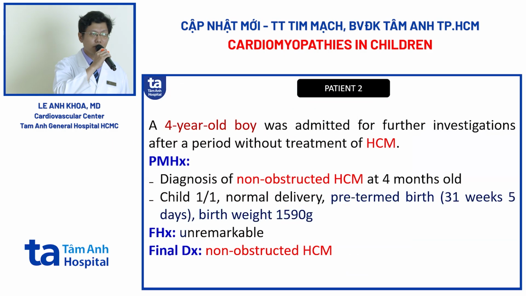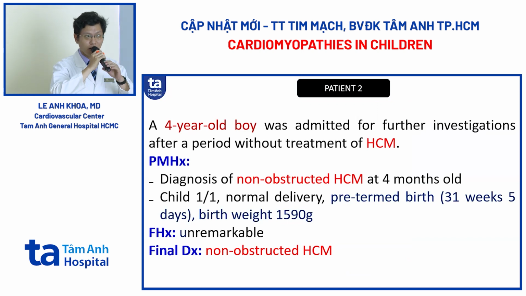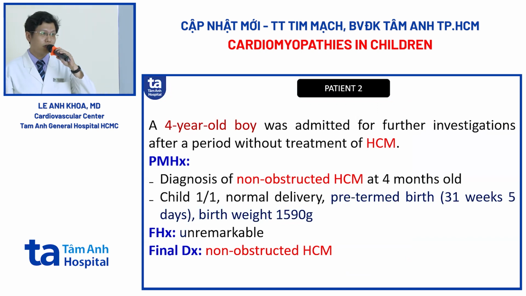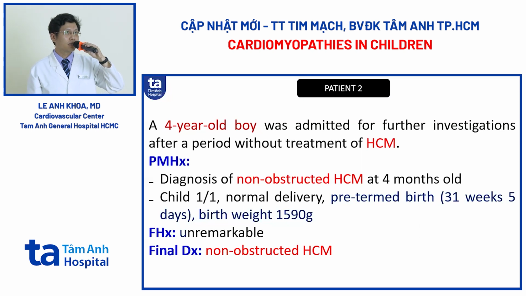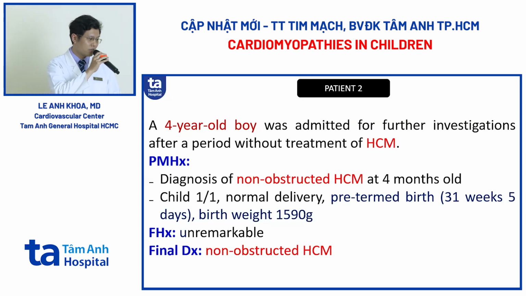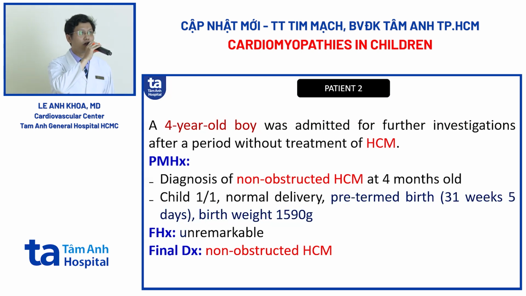Good afternoon, teacher. Good afternoon, Dr. Thủy, and all of my colleagues in the Cardiovascular Center. Today, I would like to continue my presentation about the topic of cardiomyopathy in children. With the last case, this is a typical case of hypertrophic cardiomyopathy in children. The patient is a 4-year-old boy, admitted for further investigations after a period without treatment of HCM.